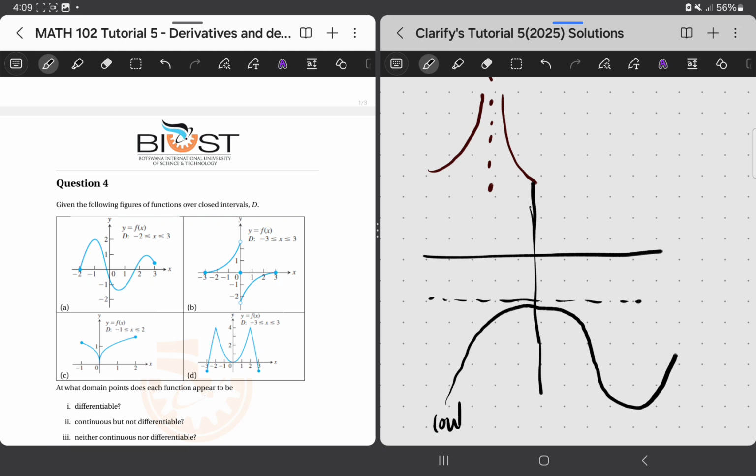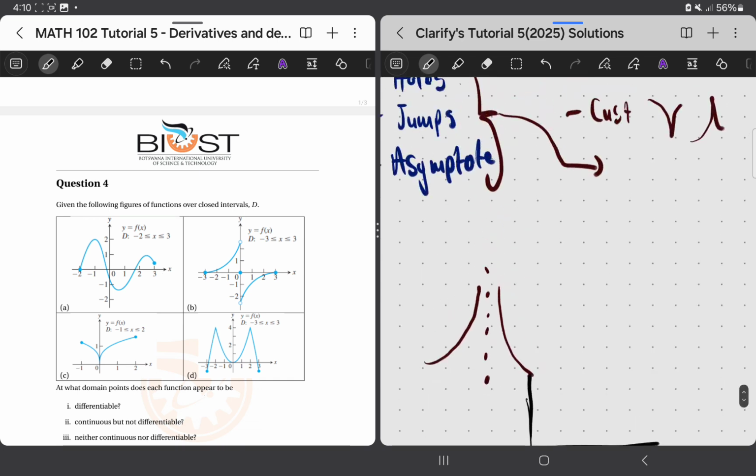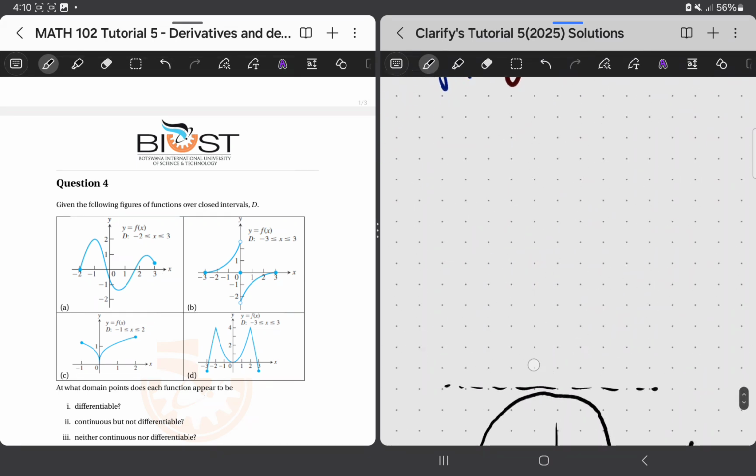Horizontal asymptote doesn't matter. But a vertical asymptote will make it jump, it is not defined at this point, so it is not continuous. Therefore, it will not be differentiable because you can't find the derivative if the function is not there. So if something is not continuous, then it can't be differentiable.